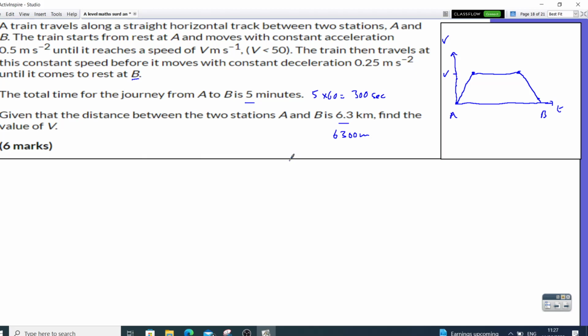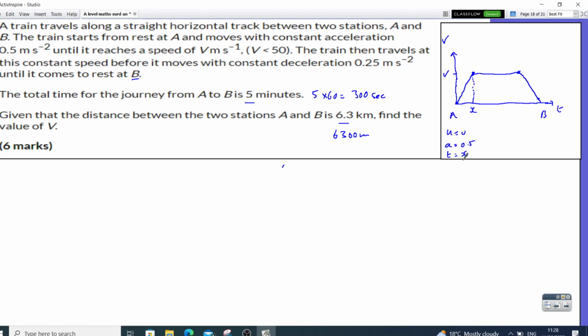Right, so let's just use SUVAT here. We know that initially u is 0. We know that the acceleration is 0.5. We know that it's going to reach this final V. And let's say it takes, let's call this X, X seconds.